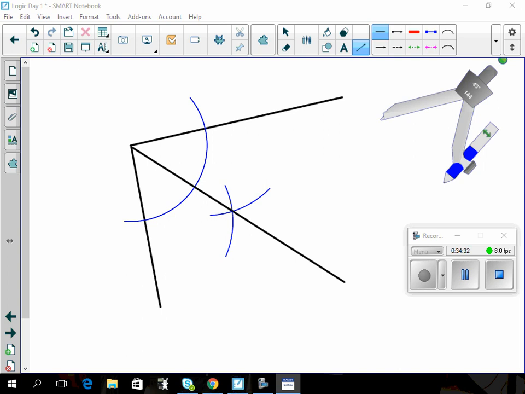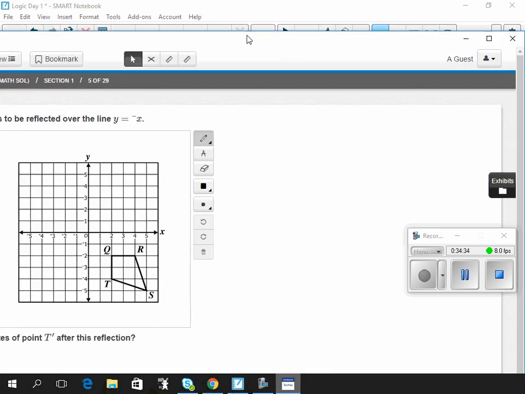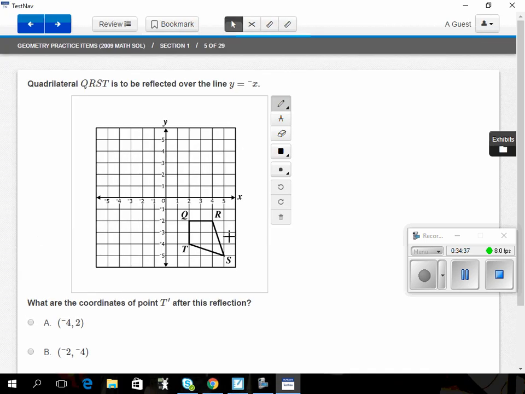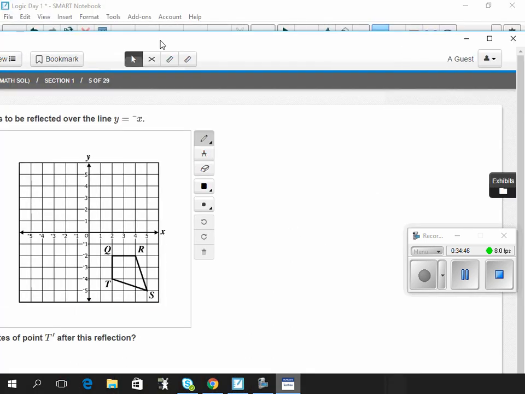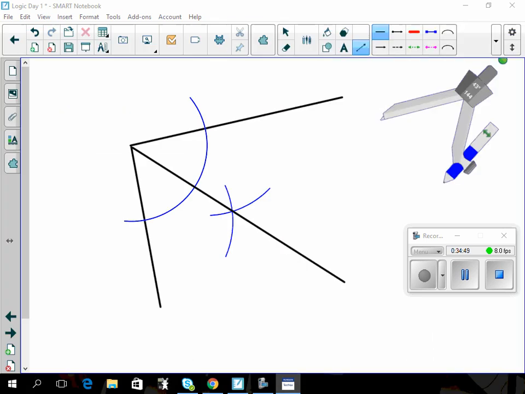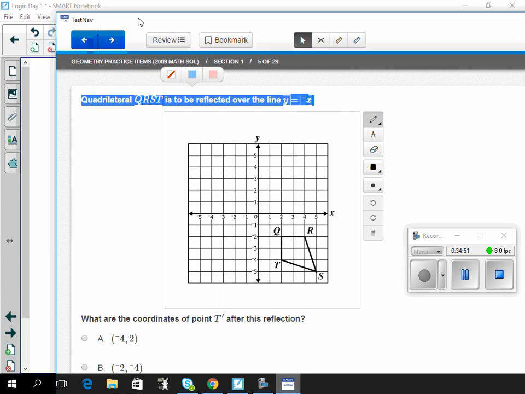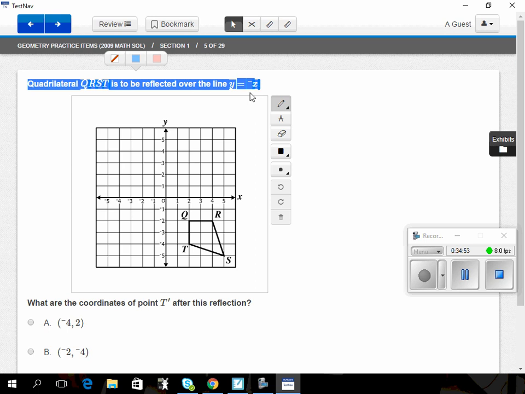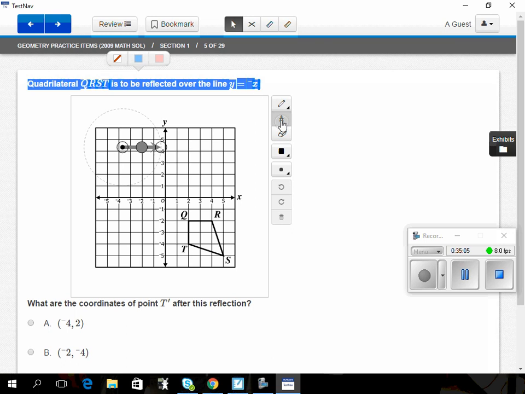I know this question on TestNav is not asking us to bisect this angle, but let me go ahead and draw an angle on here. Now we're in the SOL, and I want to, let's say, bisect angle Q. So I'm going to pull up the compass.